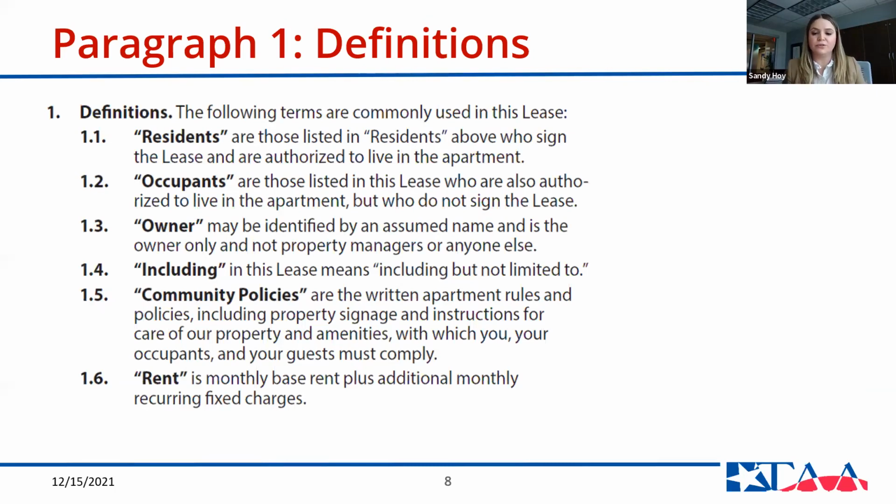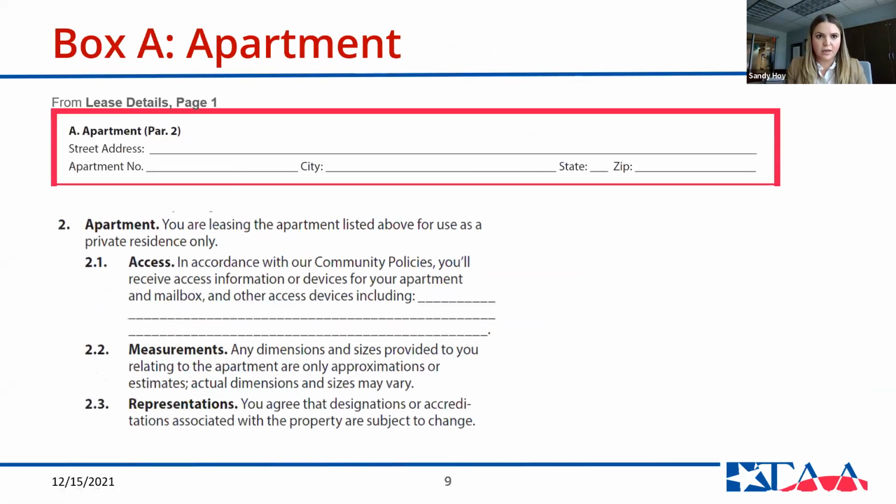That should all be very common to the same practice that you do today. Before I turn it over to Jerry, we can go to the next slide. We're about to go box by box, and I wanted to show you that in each of the boxes, we have a parenthetical that references the corresponding paragraph that has additional provisions relating to the information that you put into that box.